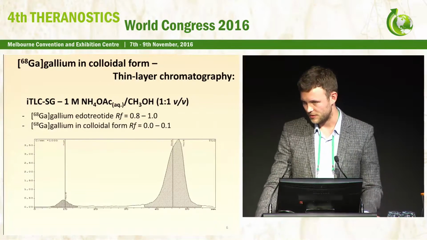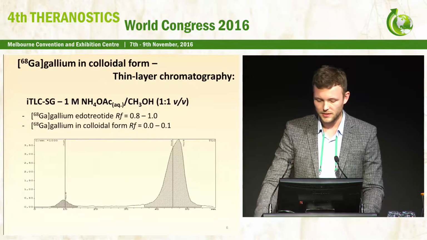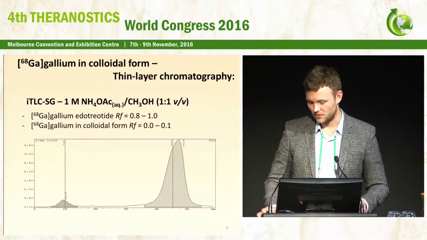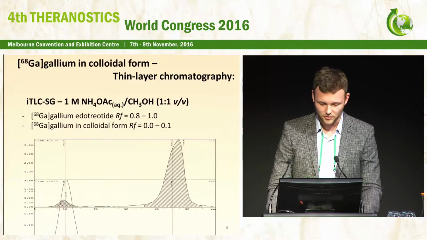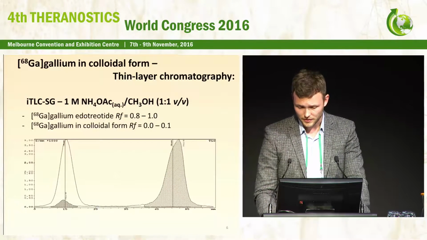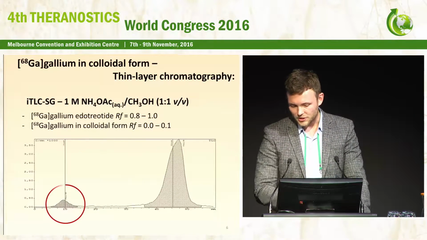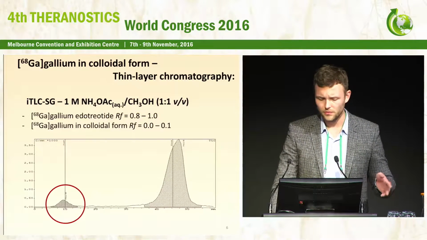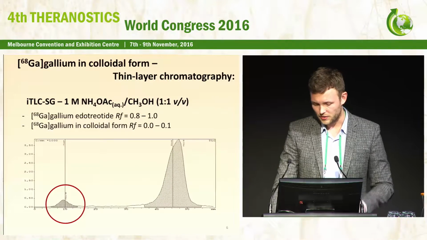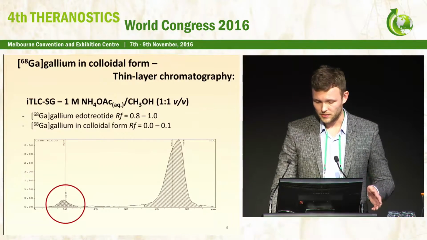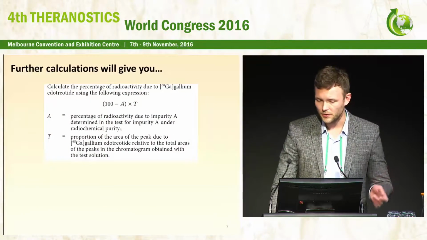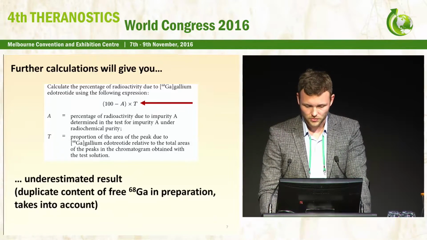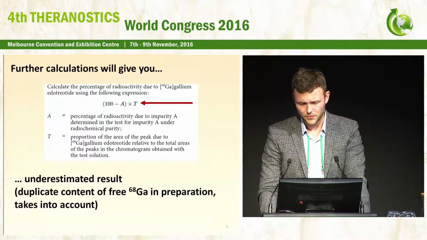Some scientists claim that free gallium in this system moves with the solvent front, but in fact, free gallium stays at the origin too. So this first peak already contains gallium in the colloidal form and in the free form. If you forget about it, further calculation will give you underestimated results due to the duplication of the free gallium content in your preparations.